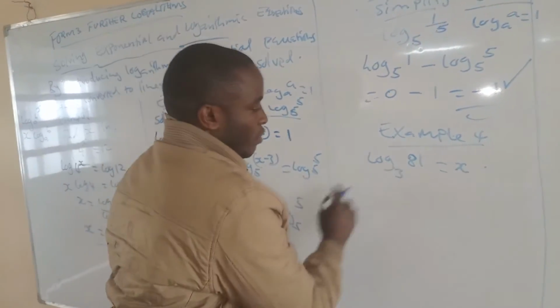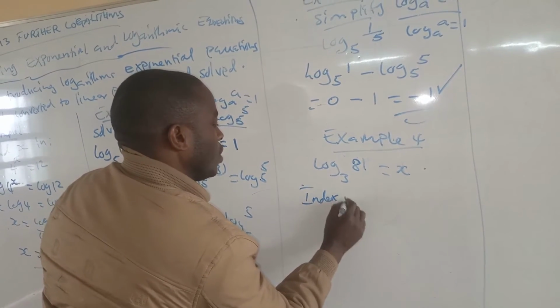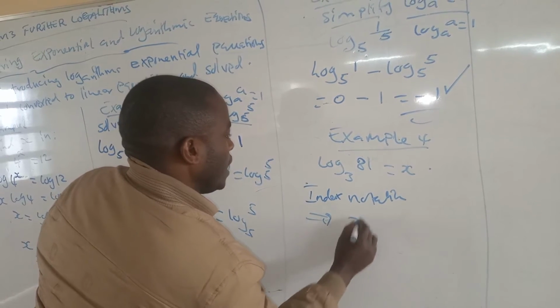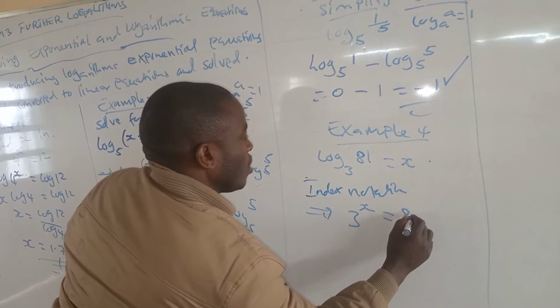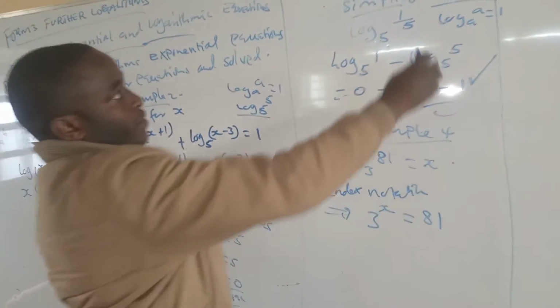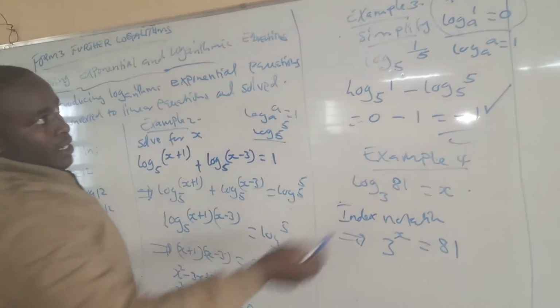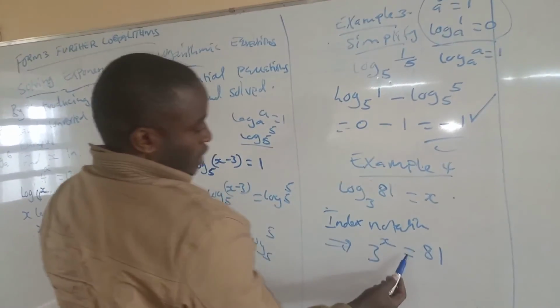If we write this in index notation, it implies that 3 to the power x will be equal to 81. That is what I've used here, a to the power 0 equals 1.